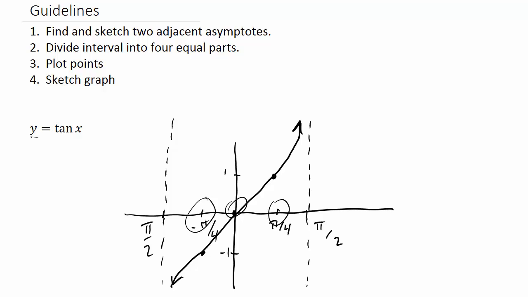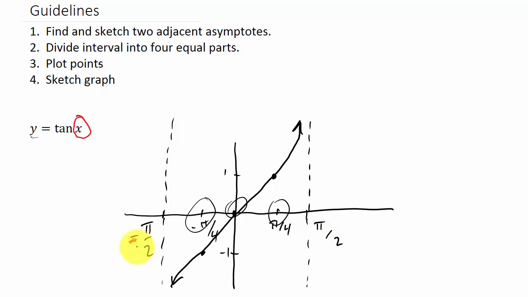Alright, let's take a look at a problem. Well, first let me say this. To find the two adjacent asymptotes, whatever you're taking the tangent of, whether it's x, x plus pi over 2, 2x, whatever, you set that equal to negative pi over 2 and pi over 2.